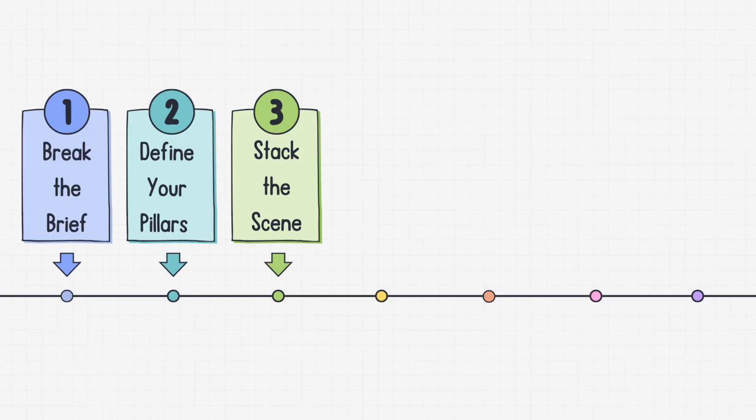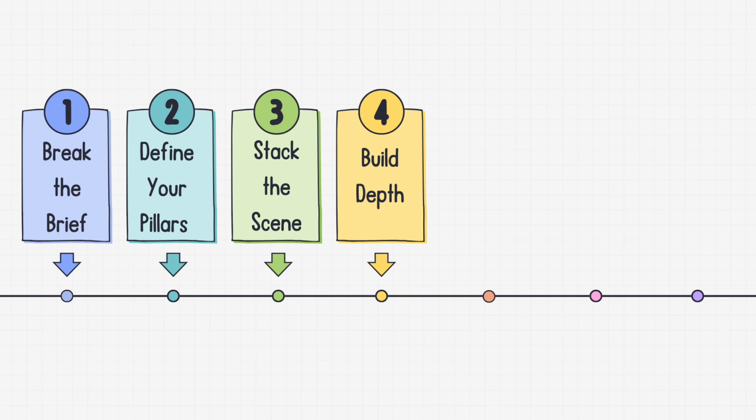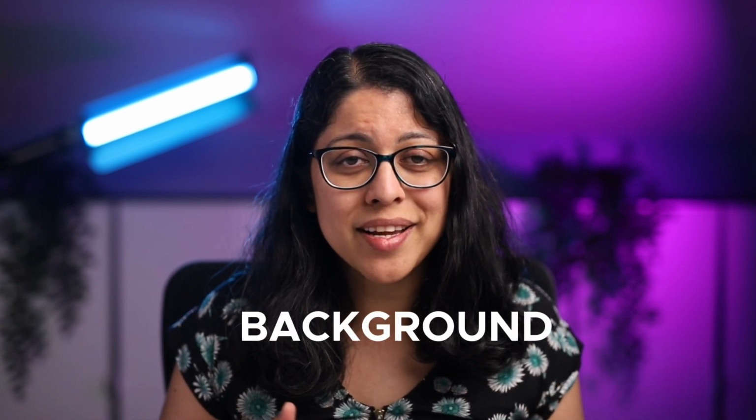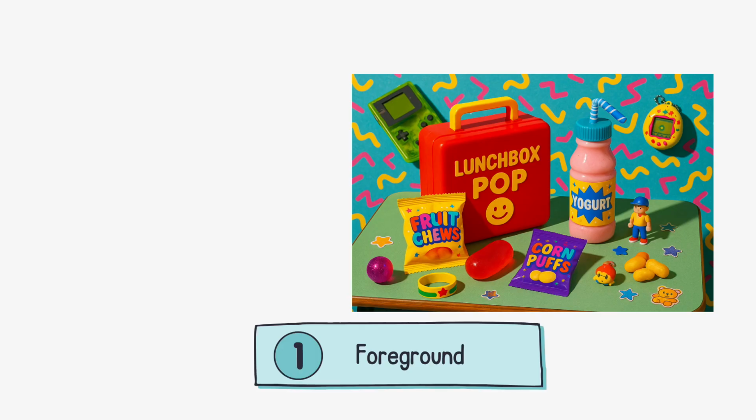Once your scene is stacked vertically, the next step is to build depth by stacking horizontally. For this step, we're going to think in terms of foreground, midground, and background. For example, you might put some glitter or stickers in the foreground.